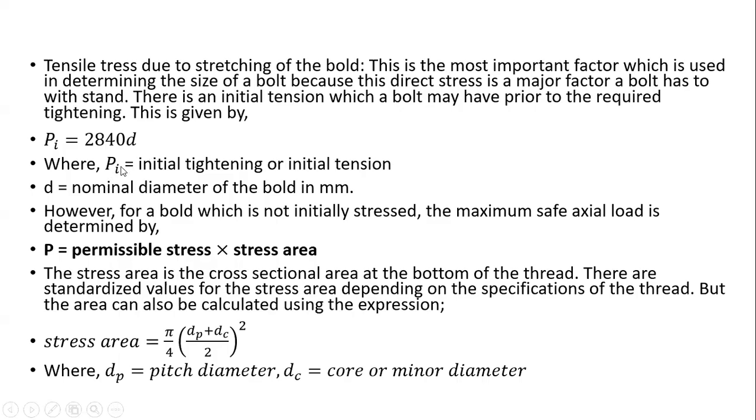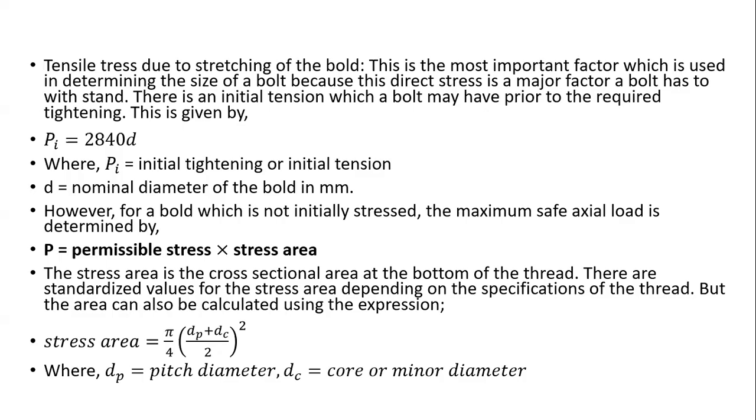So Pi is the initial tightening or initial tension. D is the nominal or major diameter. No confusing this with the root diameter, which you measure from the root of a thread. We're talking about the diameter between the crests as you look at the size of this thread.